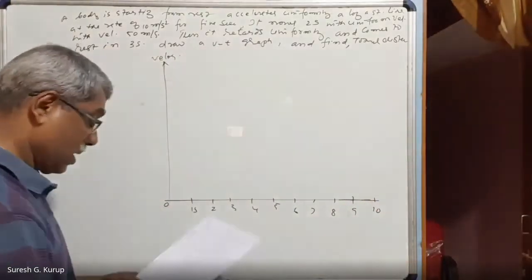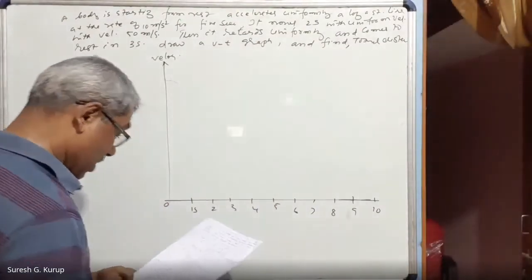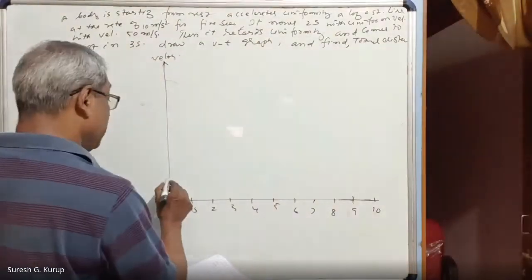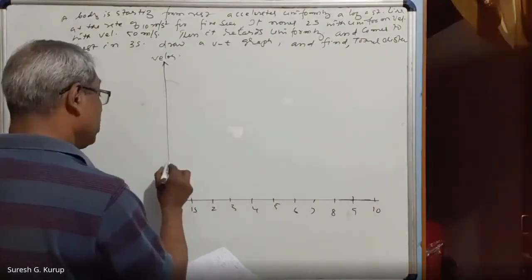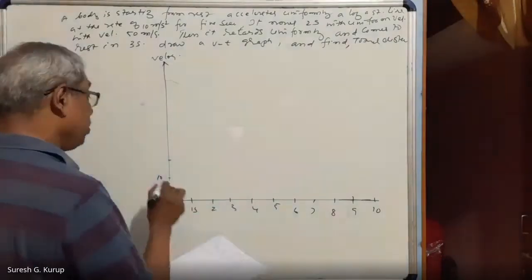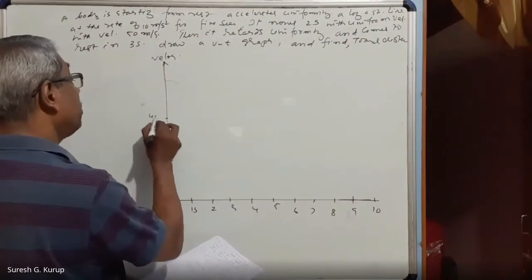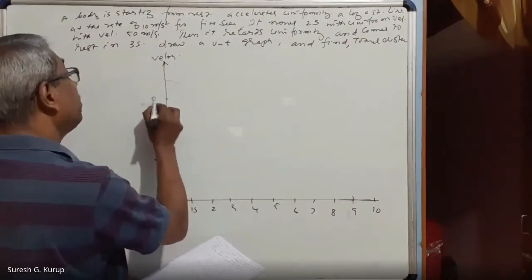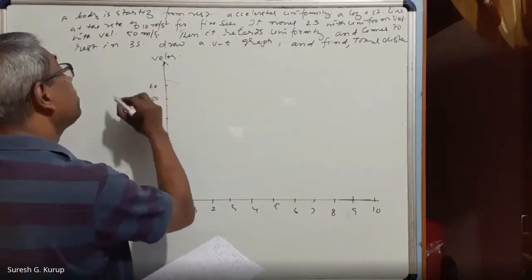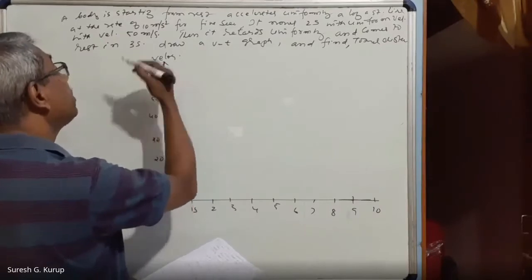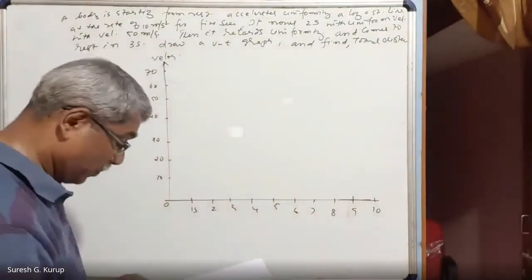Velocity: here it is 10 meter per second, then 20, 30, 40, 50, 60, 70 meter per second. Like that it goes.